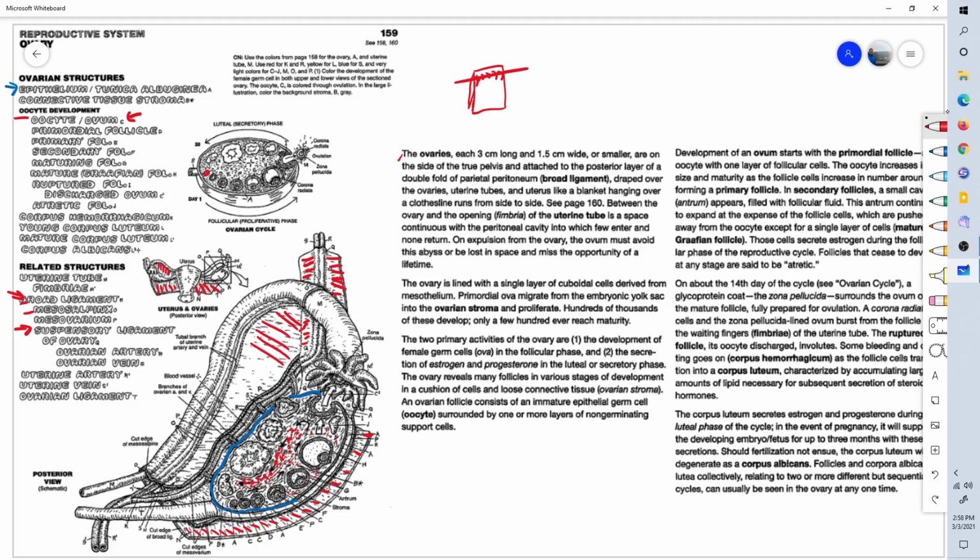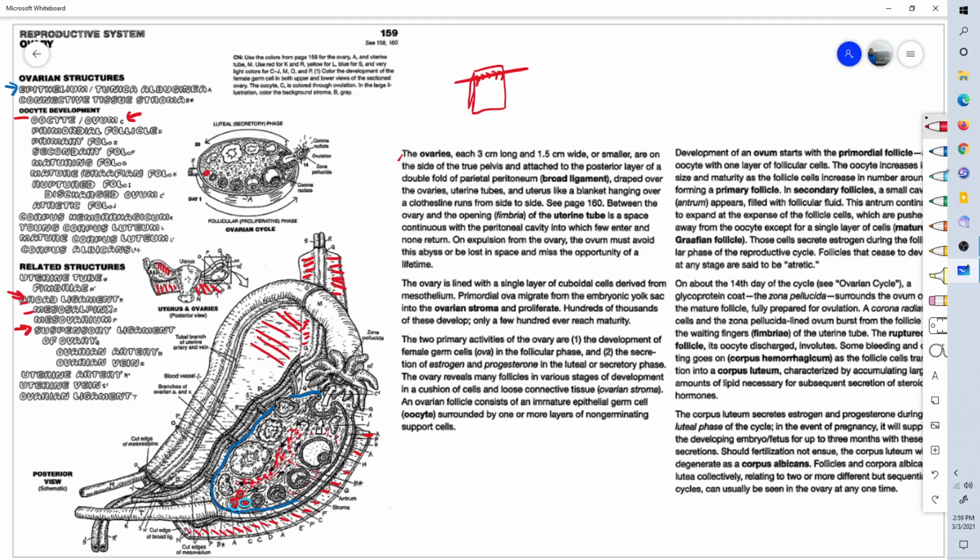When it does this, the egg, the ovum, starts to become surrounded by supporting cells called follicle cells. Now the follicle cells are partially covering, and now they're fully encasing the oocyte or the ovum here in the middle.